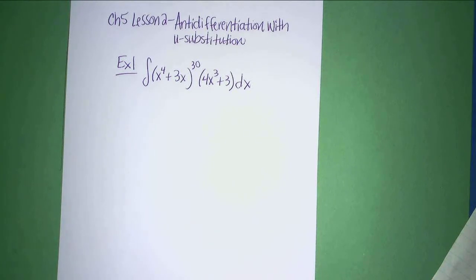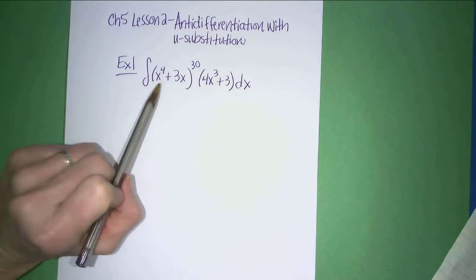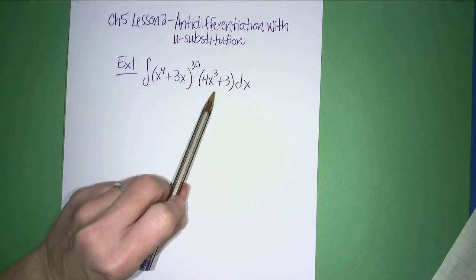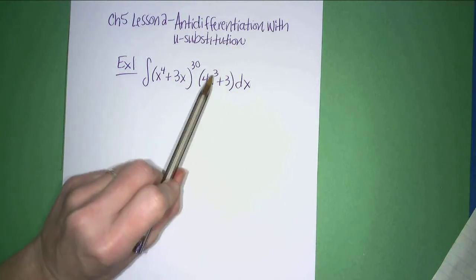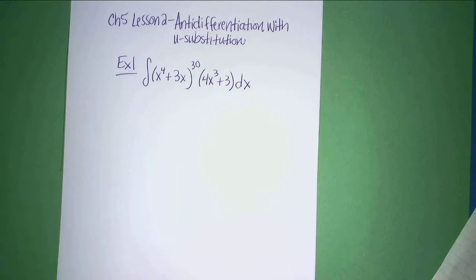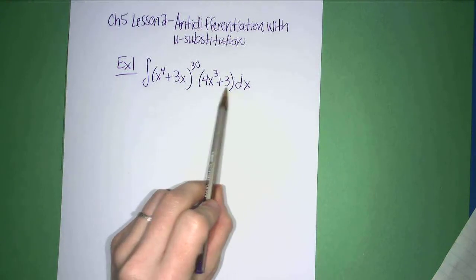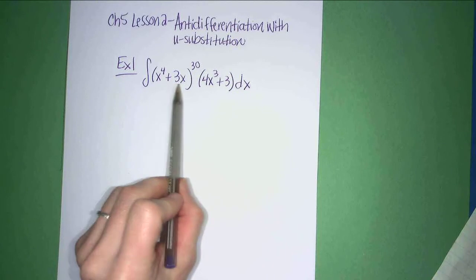You've got the antiderivative of (x to the 4th plus 3x) raised to the 30th power times the quantity (4x to the 3rd plus 3) with respect to x. So already this is looking nothing like anything that we did yesterday. What I usually have students notice, though, is that the quantity back here happens to be the derivative of this.